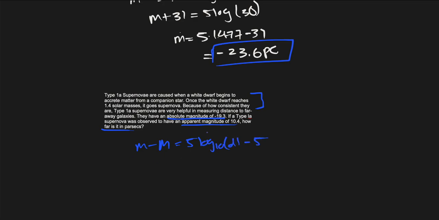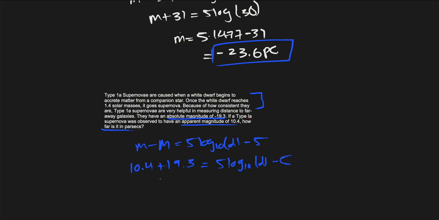So the apparent magnitude is 10.4, and the absolute magnitude is negative 19.3. So plus 19.3, that's equal to 5 log base 10 of the distance minus 5.